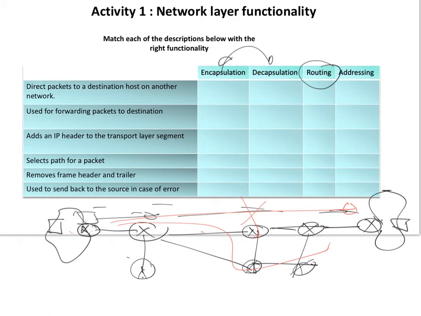Maximum transmission unit, meaning the frame itself. No, the minimum is 64. You're perfectly right. But the maximum is 1500.